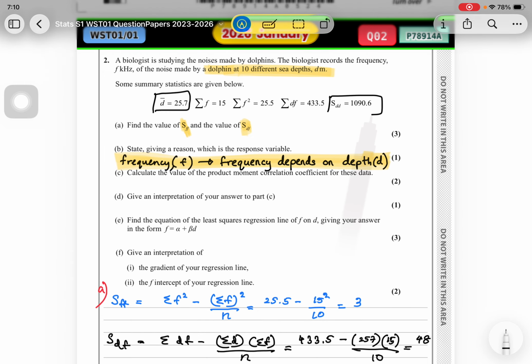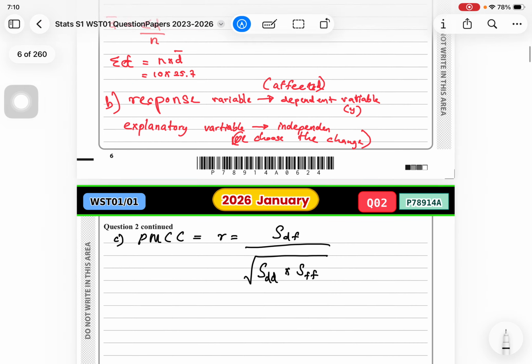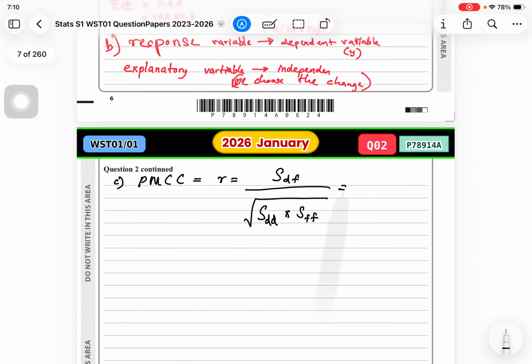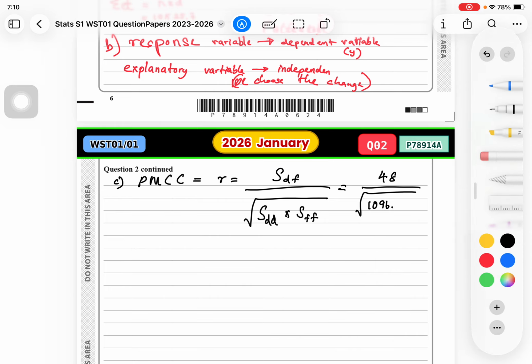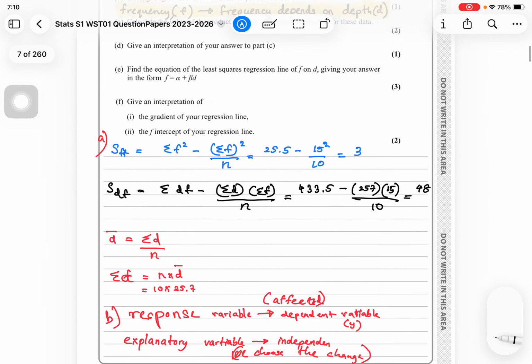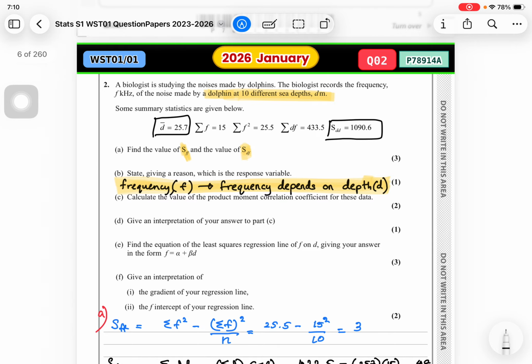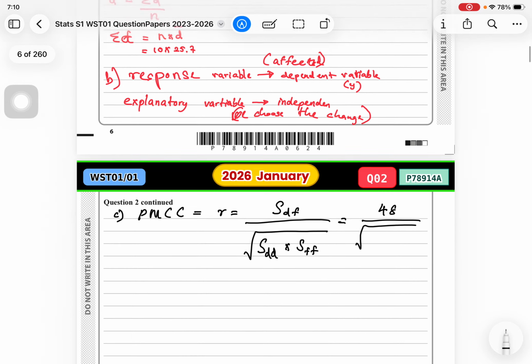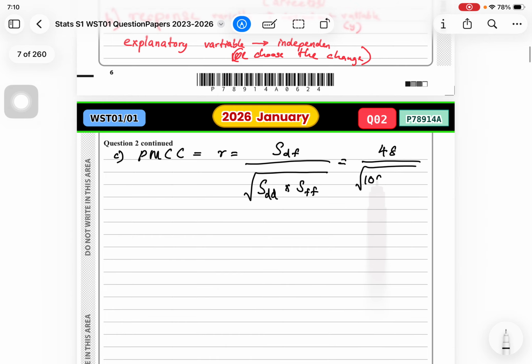Whatever we did not find is here. Let's put in the data that we got. SDF is 48, over root of 1090.6 times the value we got, which was 3.